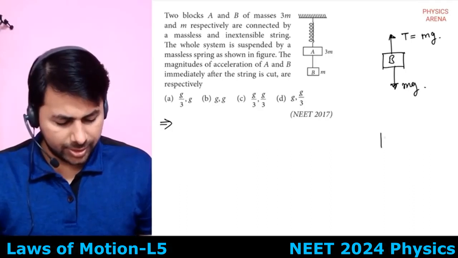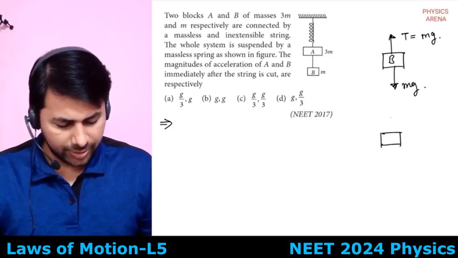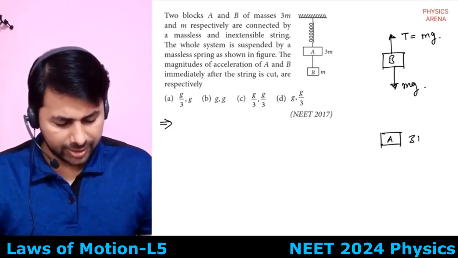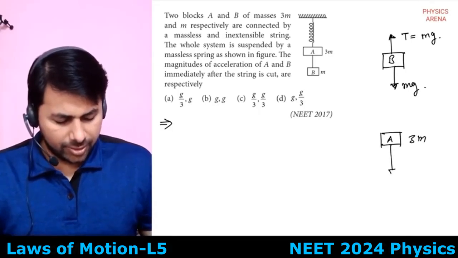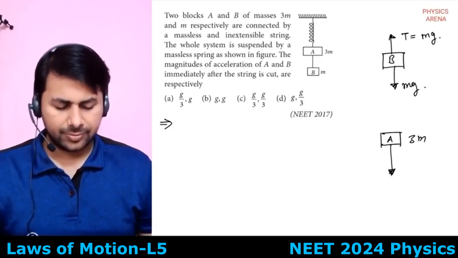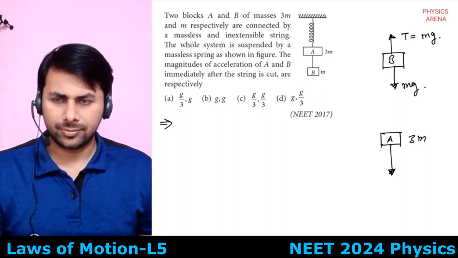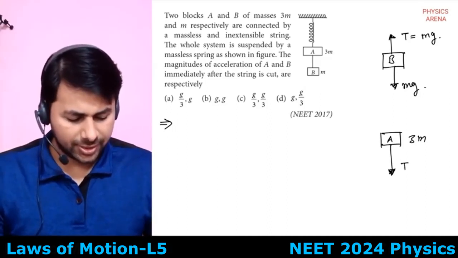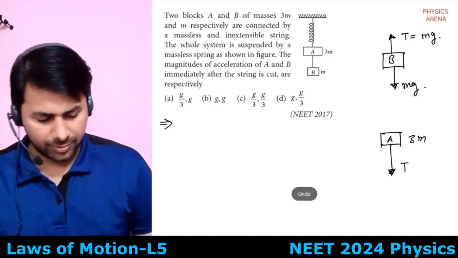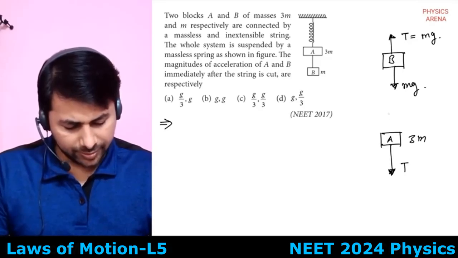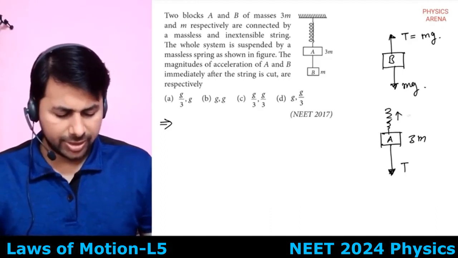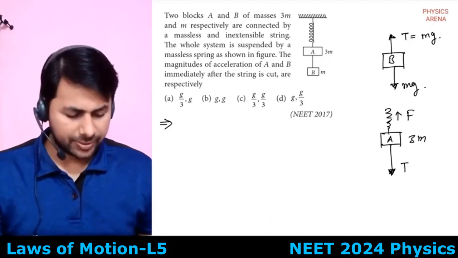If you think about this one, A, mass is 3m. So how much would be the weight? So there would be some tension in the string. And then you have the spring also. So there will be some spring force which is acting upwards.